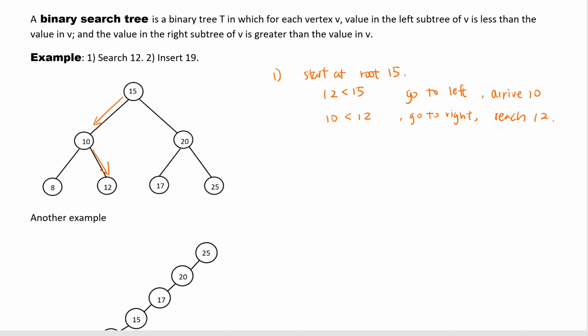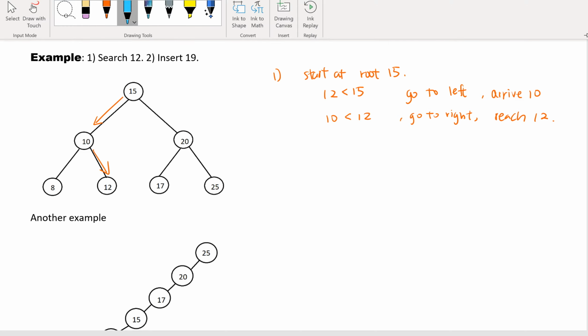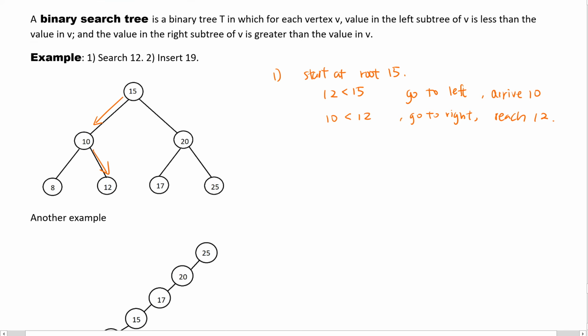And then next, how to insert some number here. So where do we insert 19? Okay, so first of all, we start at the root. We need to find a spot where we can insert the 19, right?